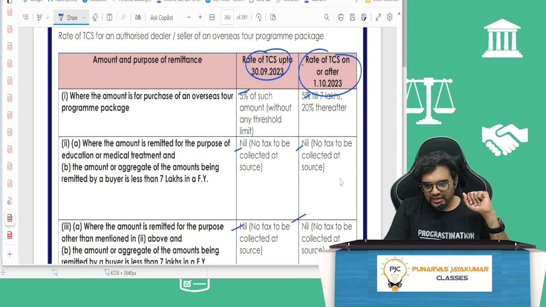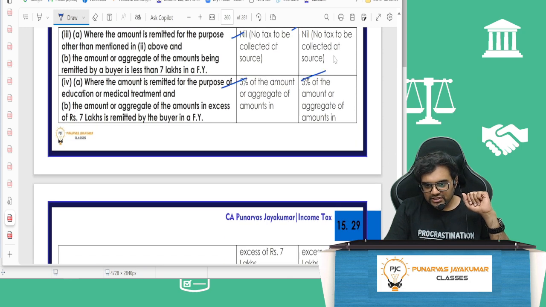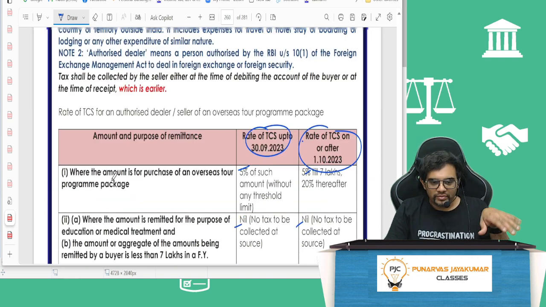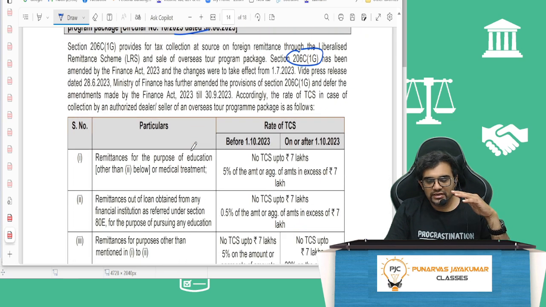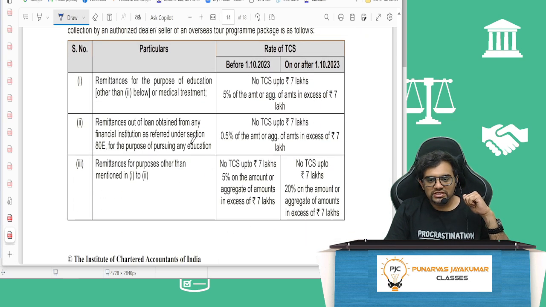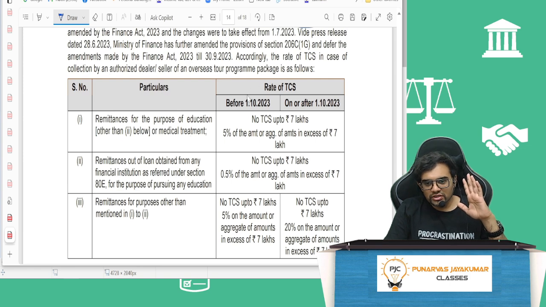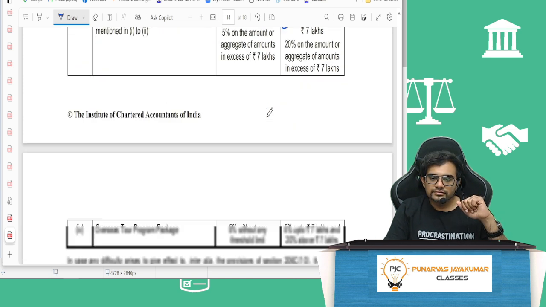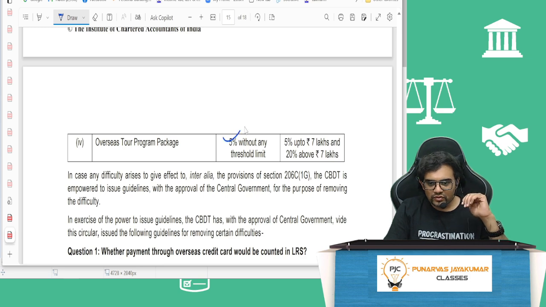Nil, nil. 5%, 5%. Here also, for normal cases, it was 5% in aggregate of 7 lakhs. It became 20% in aggregate of 7 lakhs for items other than these. To make it very simple, as the notification also says, before 1.10.23 and after, everything is the same except this item, everything else and the overseas tour package.